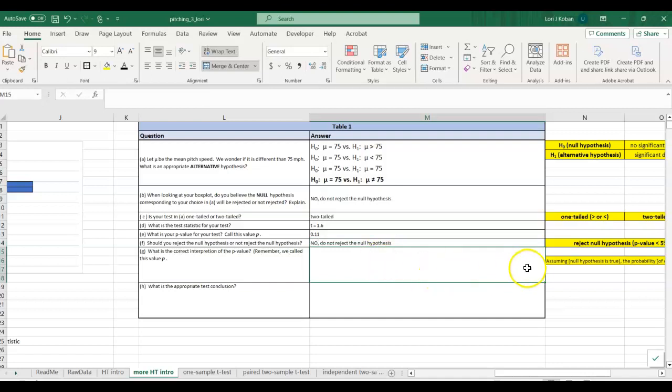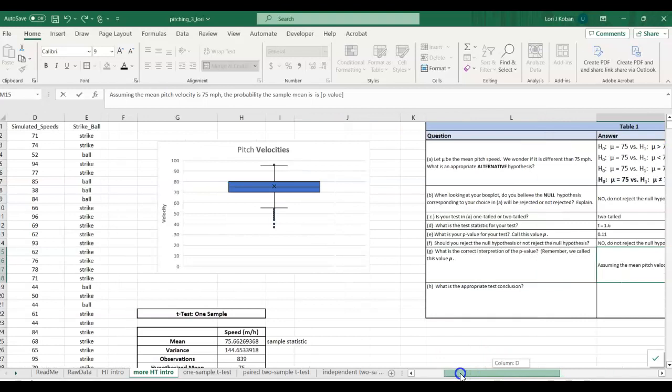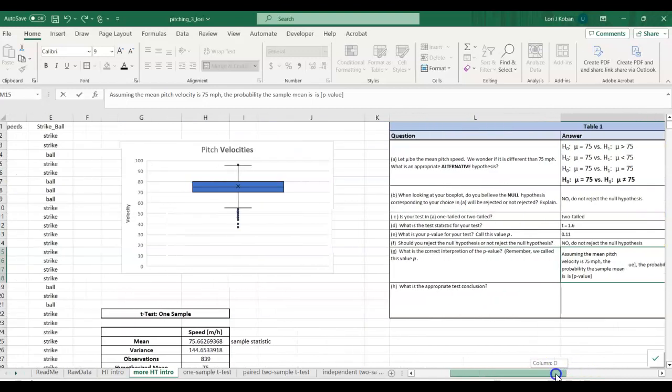Now let's interpret the p-value. The p-value always has this structure. So assuming the null hypothesis is true, assuming the mean pitch velocity is 75 miles per hour, the probability of seeing sample data like what you saw. So the probability the sample mean is, what is it? 75.6. So now we're talking about being different from 75.